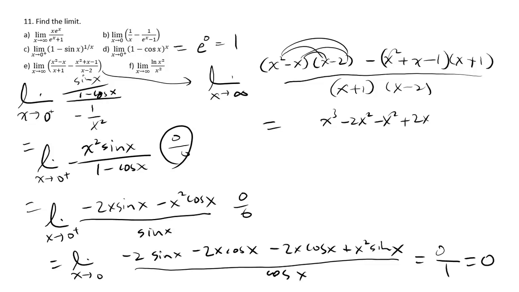And this one, if you multiply them out, you're going to get x cubed, let's see, minus x squared minus x squared minus x, and then when you multiply negative 1, so that's just plus x plus 1. So all this divided by x plus 1, x minus 2.